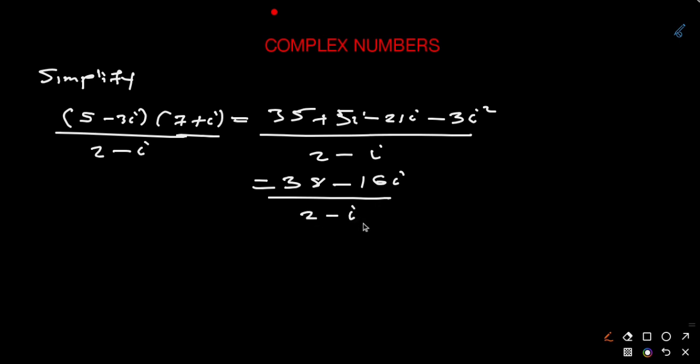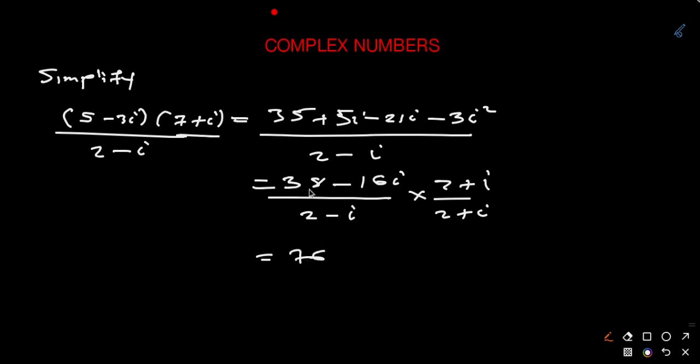Okay, so let's deal with now the conjugate. If you find the conjugate of this one here, it is just going to be 2 plus i, even here 2 plus i. From there you multiply 2 multiplied by 38. What are we going to get? We're going to get 76.